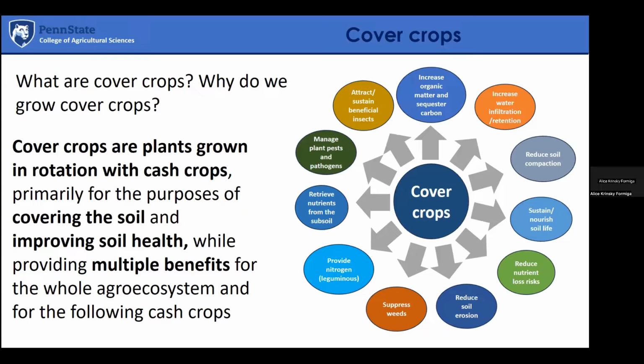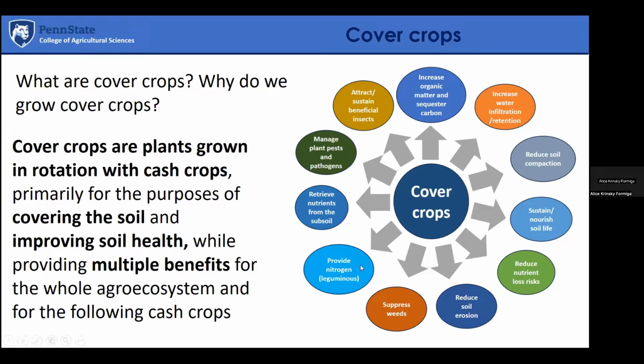They can increase water infiltration, promote water retention, reduce soil compaction, sustain and provide food for soil life, reduce nutrient loss, reduce soil erosion, suppress weeds, provide nitrogen, especially leguminous cover crops that have the ability to fix atmospheric nitrogen, and retrieve nutrients from lower levels of the soil. Some cover crops also provide the opportunity to manage plant pests and pathogens, and some can attract and sustain beneficial insects.